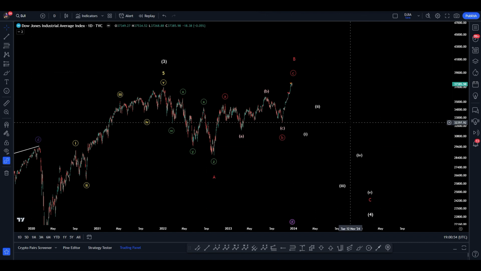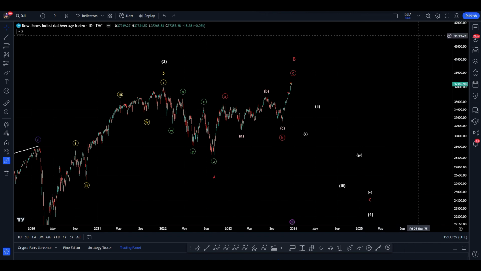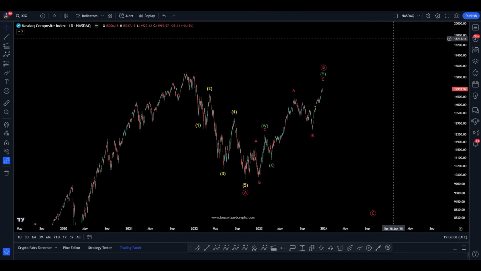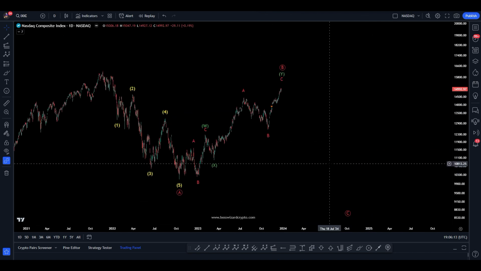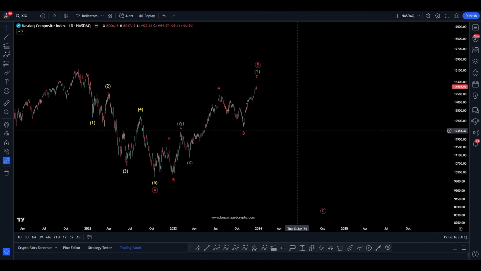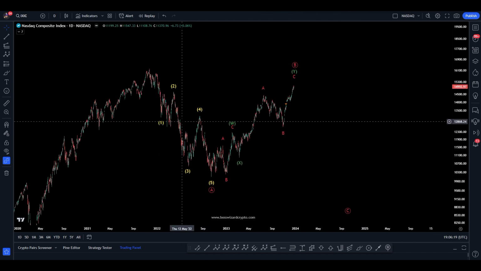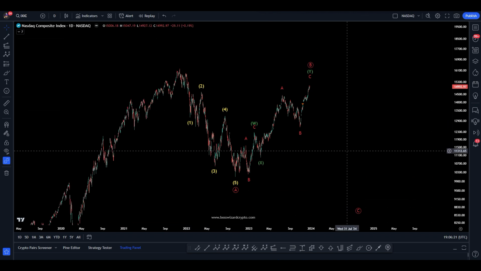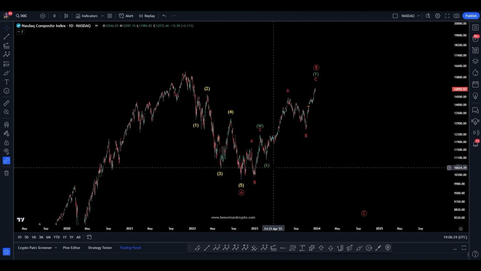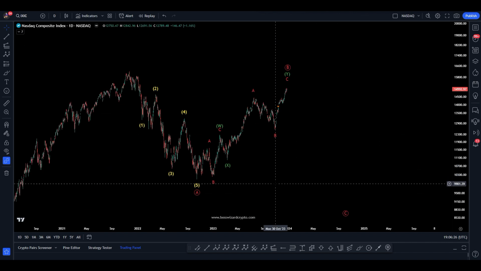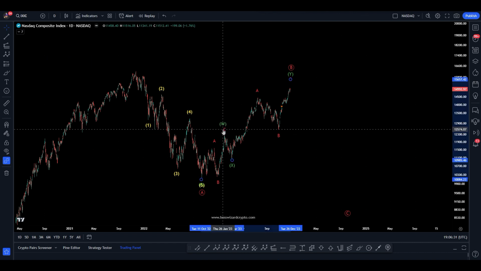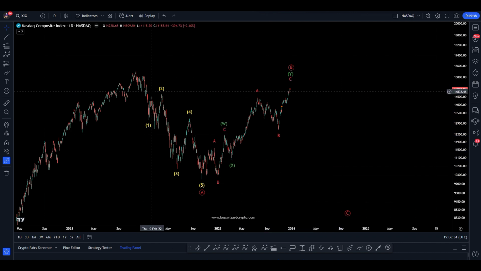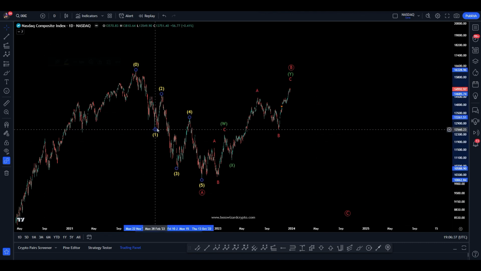All right, let's pull up the Nasdaq 100. I prefer this to the Nasdaq composite because there's 3,000 stocks in that index, and the Nasdaq 100 is grossly overweighted by 7 stocks. Actually 8 if you count Google Class C. But this one, I'm leaving this for now as an impulse, but it's an A wave of a zigzag.